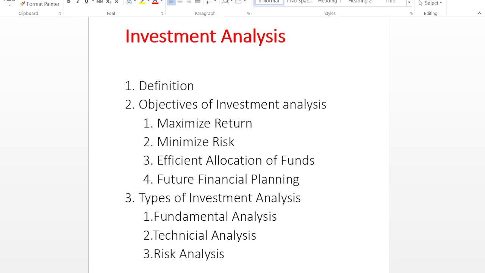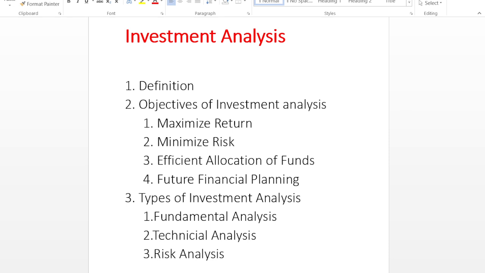It also helps investors to decide where, when, and how much money to invest to achieve maximum returns with acceptable risk. So, when you are investing your money in a particular area, you have to decide when to invest, where to invest, and how much money to invest so that you get the profit. So that is the definition of investment analysis.